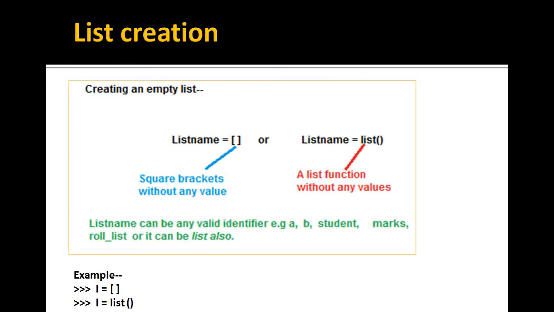You can also create an empty list that is used for creating any list when you are going to enter the values of the list from keyboard. In those cases often we require empty list. So by just not passing the values inside the square brackets or inside the parenthesis of list function, you can create an empty list.